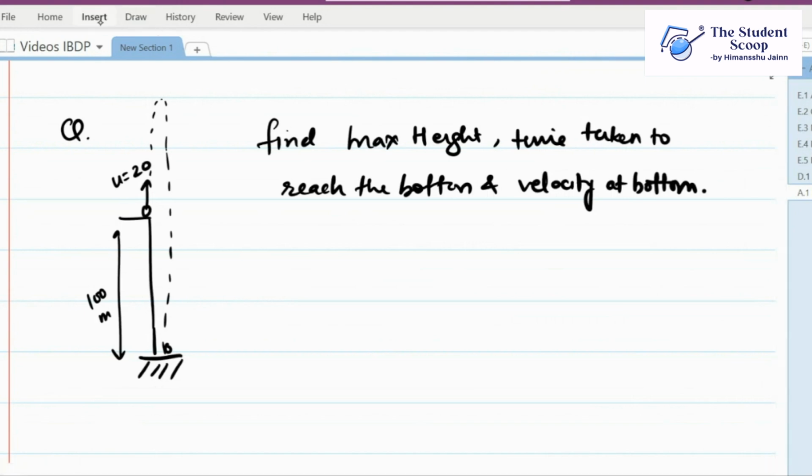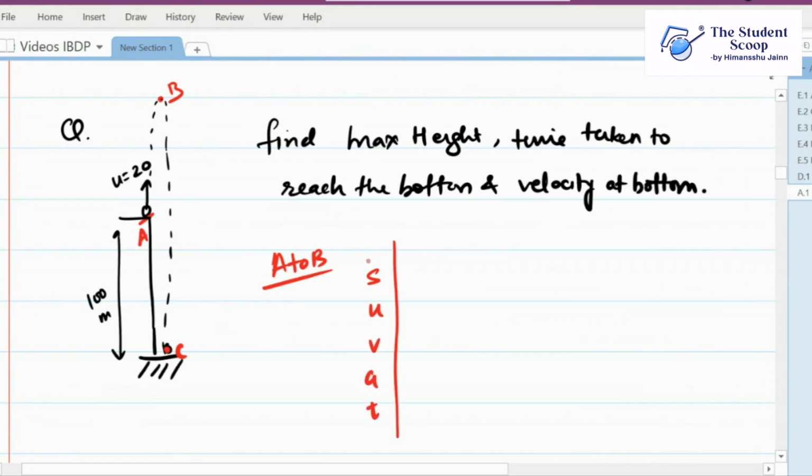So in this scenario, we can quickly explore that. I can break down the motion into three parts, A, B, and C. Now, if I'm just caring about my motion from A to B, I always make use of the SVUAT equation by making a table. If the motion is happening in the y direction, the height it will gain is h.